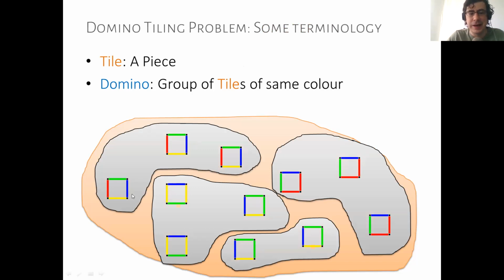So it's sort of like the domino is the class of all of the tiles of the same color, and the tiles are then the instances of dominoes. It'll just make things a little easier to talk about. So a tile is an individual piece, and a domino is a group of pieces that have the same colors, in the same orientation of colors. So green on the top, red on the left, yellow on the bottom, blue on the right. That would be a domino, for example.